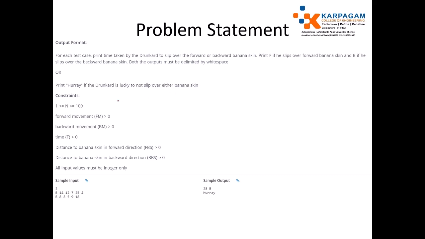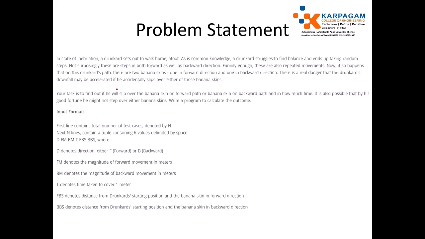So they will give the direction, FM, BM values, that is the magnitude of forward movement and the magnitude of backward movement, and the distance from the drunkard's starting position to the banana skin in the forward direction, and the distance from the starting position to the banana skin in the backward direction.